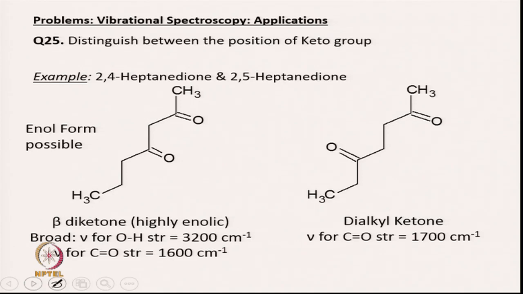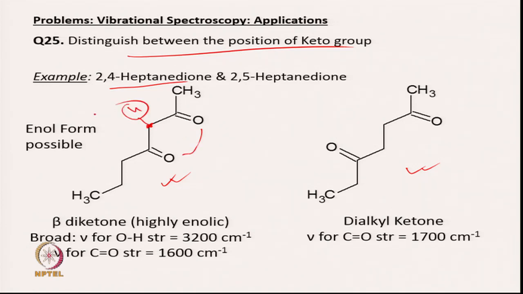Now, we will see another example. We want to distinguish the position of the keto group: this is 2,4-heptanedione and this is 2,5-heptanedione. Can we distinguish between these two? Here, this CH is between two CO groups, and so this H is acidic and can exist in enol form.